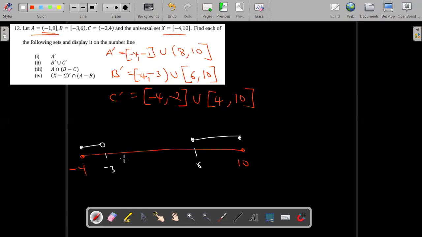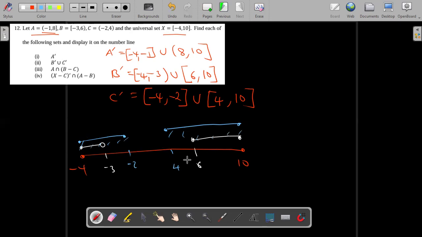Then for C complement, it's going to run from here to negative 2. So if negative 2 is here, it's closed at negative 2. Then it goes from 4, so 4 is here, to 10 there. Then I bring all these together, all the intervals here.